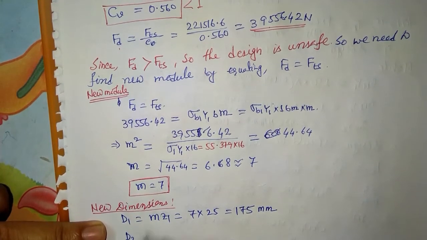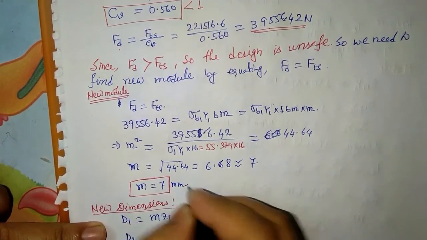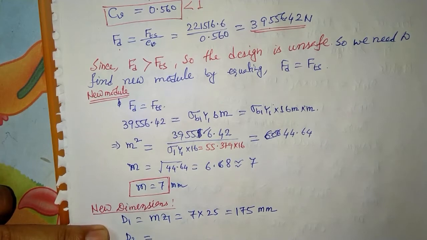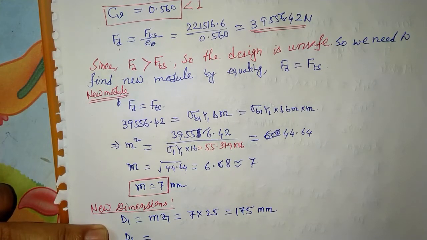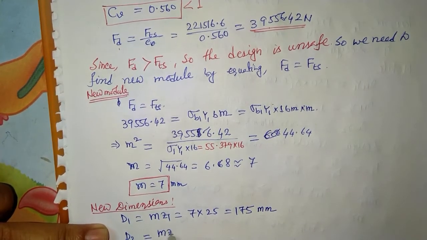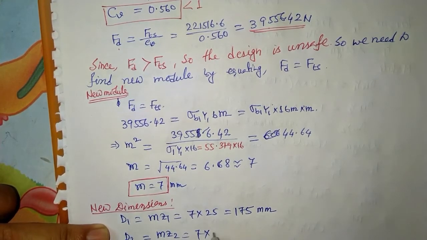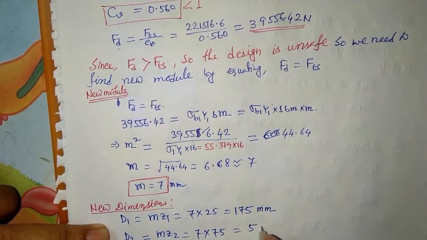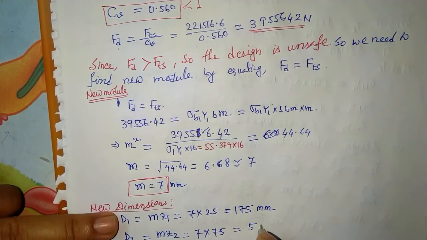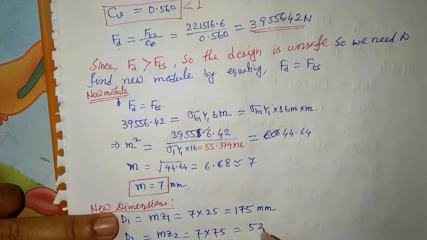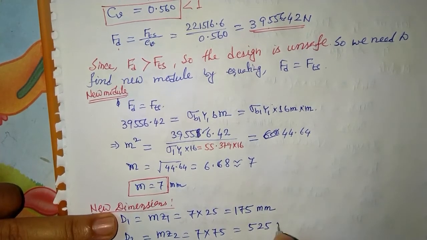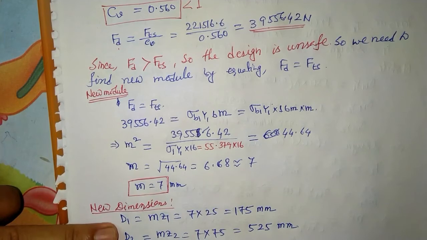Then d2 we got as m z2, and this is 7 into 75, and how much do you calculate? This is 525 millimeter.